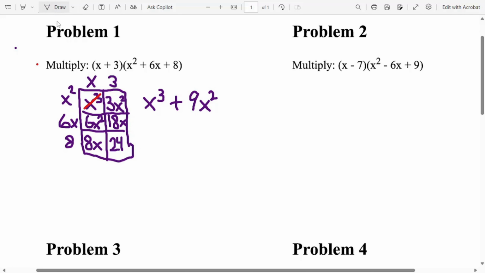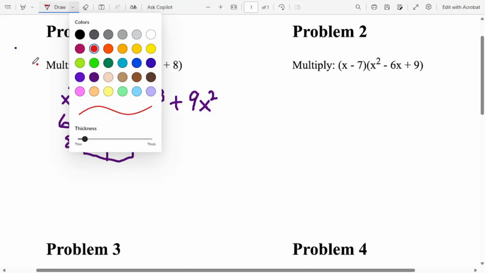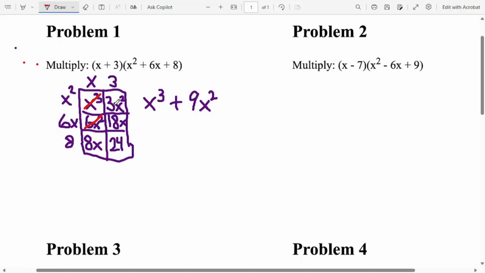Okay, and now that I've used both of those, I will cross those off. Then I have 18x. Now look, what's like 18x? Well, 8x is like 18x, so if I add those two together, 18 plus 8 is 26x.